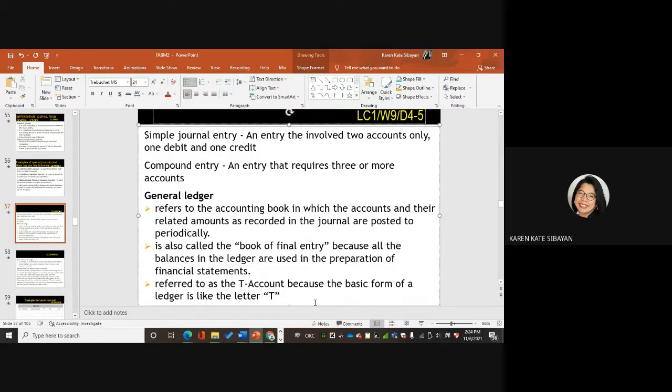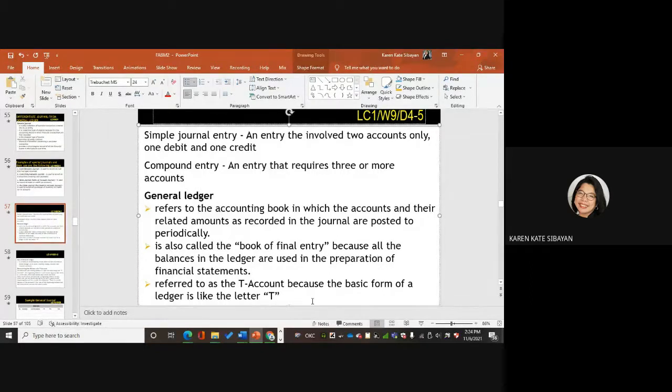Okay? So, usually, nauuna lagi kung ano man ang arrangement natin sa accounting equation. Ganon. Okay? Pero, dapat, inilalagay yan or ginagawa yan periodically.